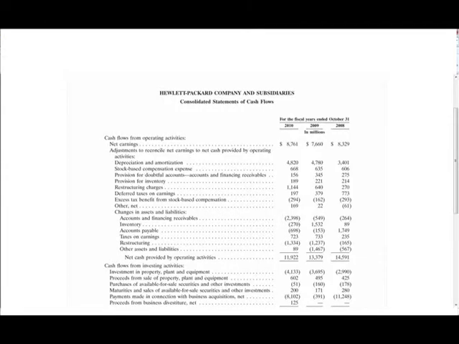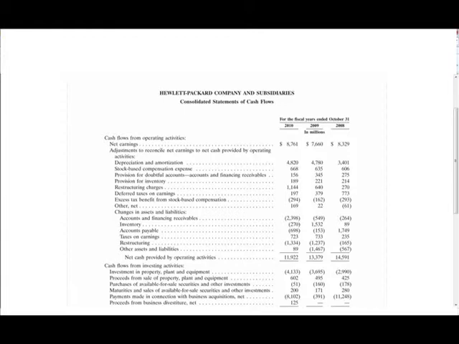Now, looking at the statement of cash flows, we can see that the items that increased cash provided by operations were the depreciation and amortization, stock-based compensation expense, provision for doubtful accounts, provision for inventory, restructuring charges, deferred taxes on earnings, net of other items, taxes on earnings, and other assets and liabilities.